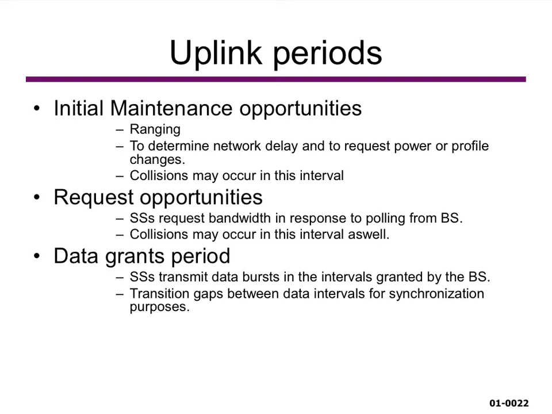In the data grants period, the subscriber stations transmit the data burst as per the uplink and downlink map, which the base station determines based on these two phases. So these two phases are used for the base station to fill the uplink map and the downlink map with the assignments.